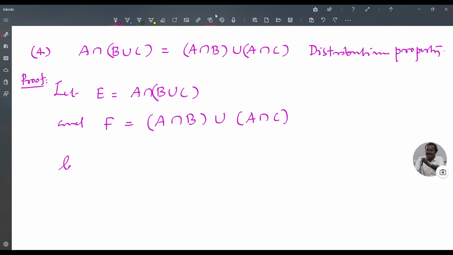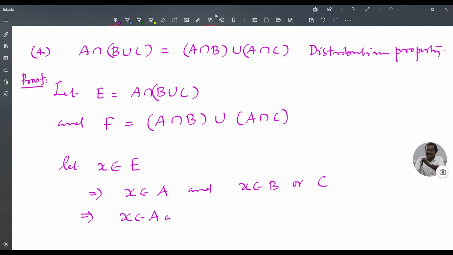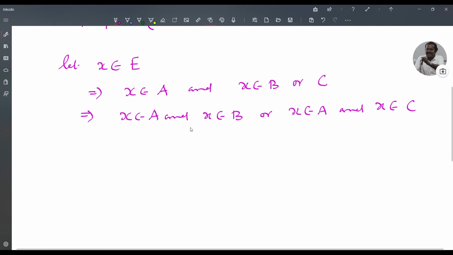Let x belongs to E. So this implies x belongs to A and x belongs to B or x belongs to C. So this implies x belongs to A and x belongs to B, or x belongs to A and x belongs to C. So this implies x belongs to (A intersection B) union (A intersection C).